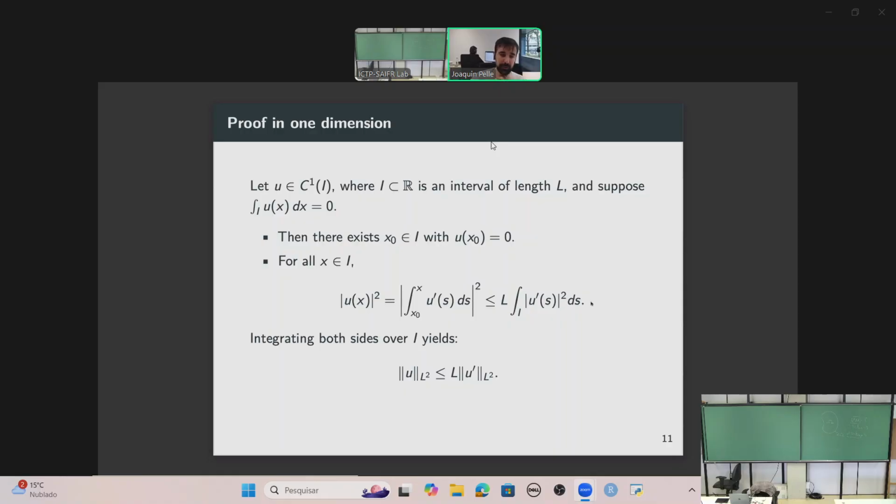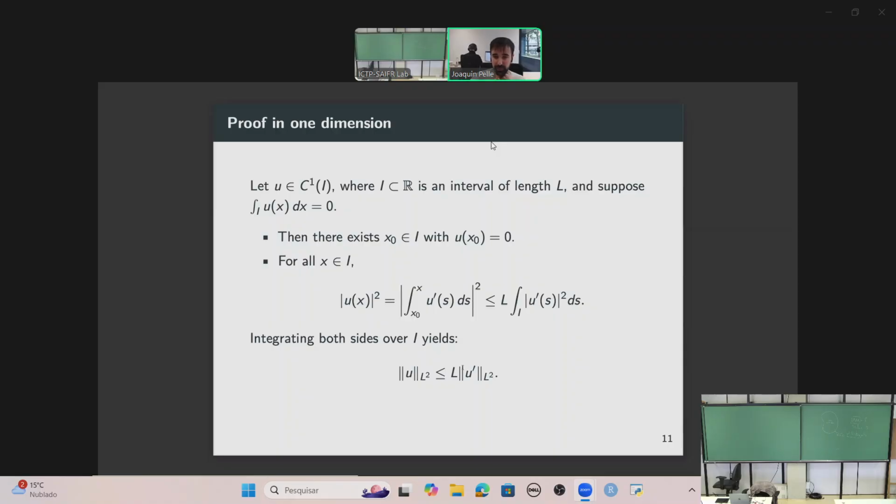And finally, if we integrate this inequality on both sides, on one side we get the L2 norm of u, squared actually, and then we also take the square root. But essentially on one side we get the L2 norm, and on the other side we get this L, which is a constant essentially on the interval. So we only multiply by L and take the square root, and finally we get L times the L2 norm of u prime.